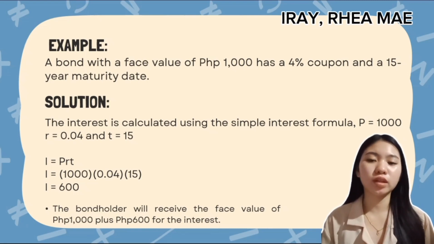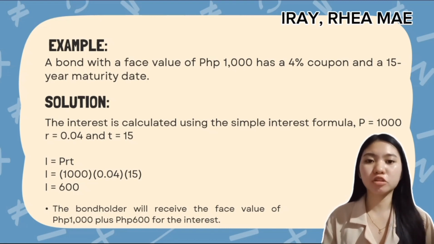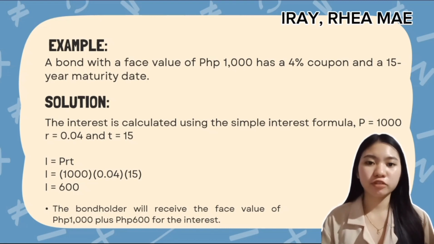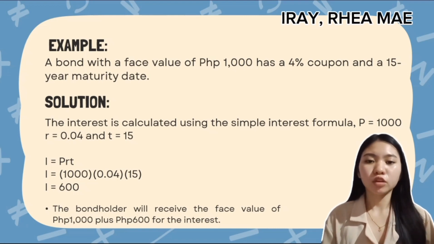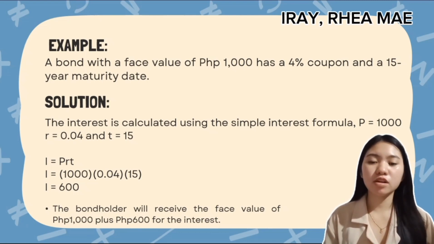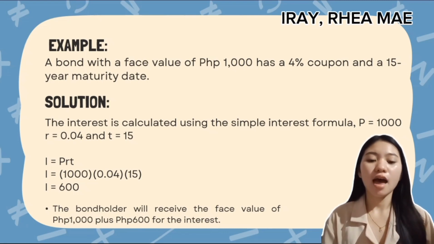Our principal is 1,000, our rate is 0.04 because it is converted to decimal, and our time is 15. So now, to get the answer, we will multiply all these numbers. 1,000 times 0.04 times 15 is 600. So the bondholder will receive the face value of 1,000 plus 600 for the interest.